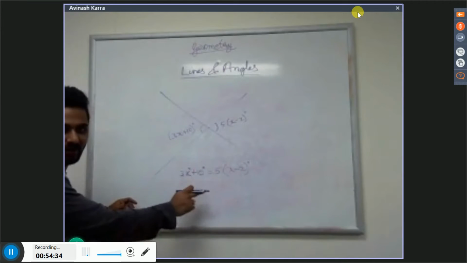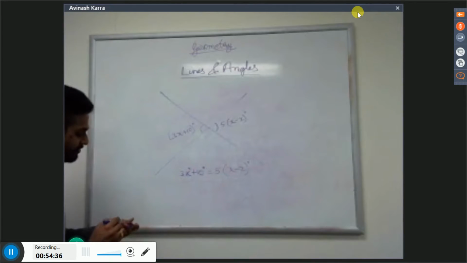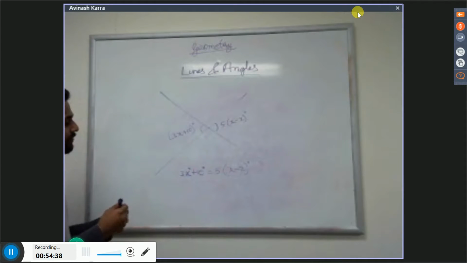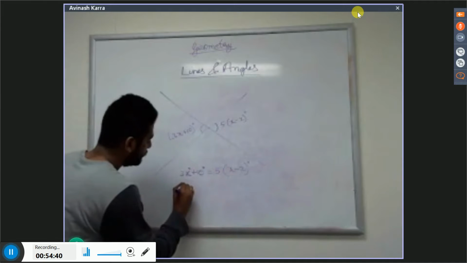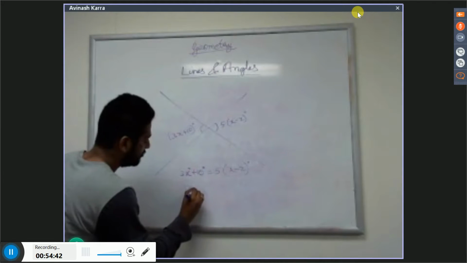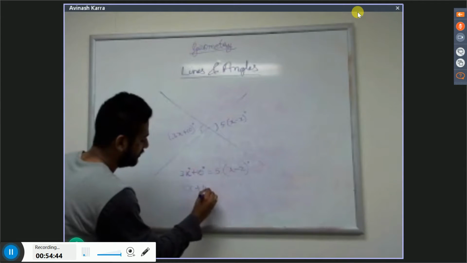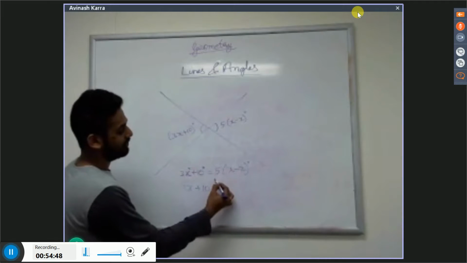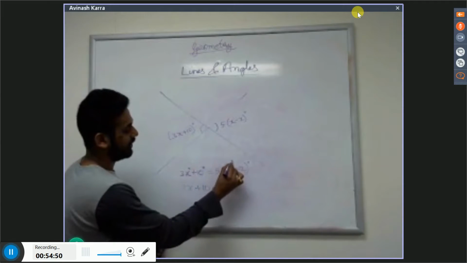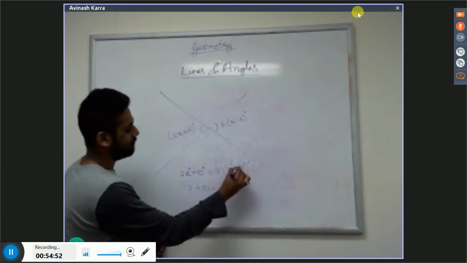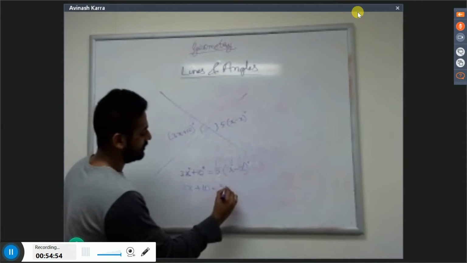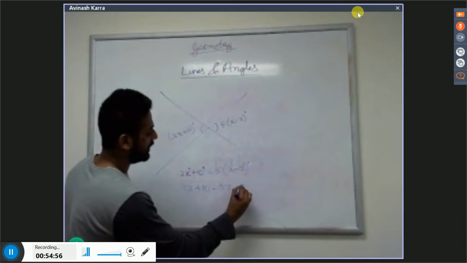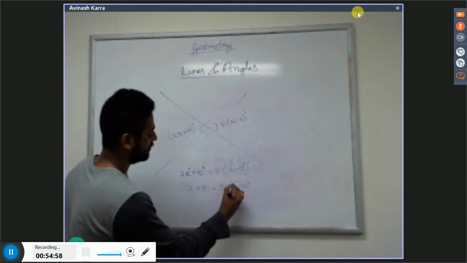So, what will be the next? 3x plus 10 is equal to, 5 into x, 5 into 5x minus 10. Yes, 5x minus 10.